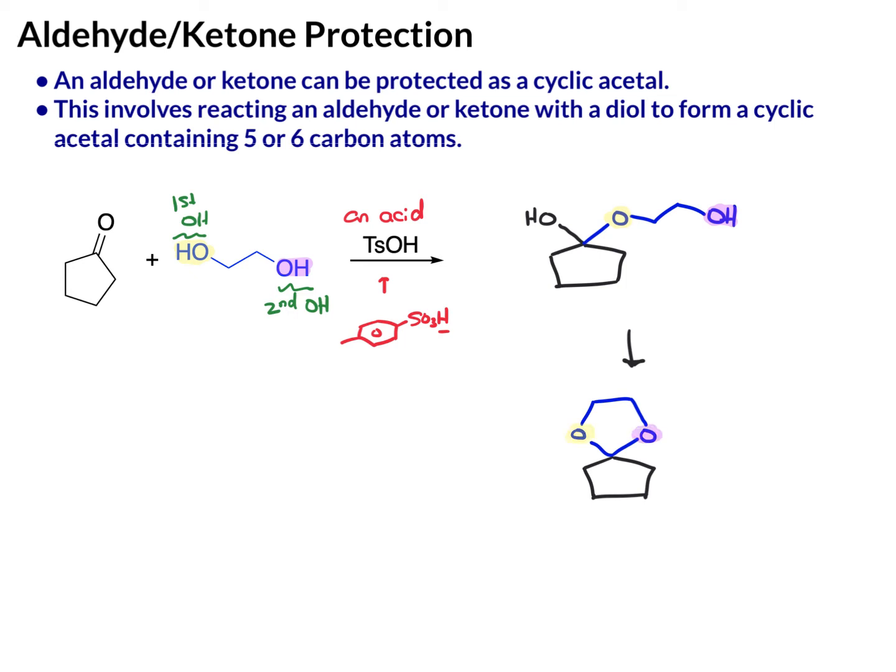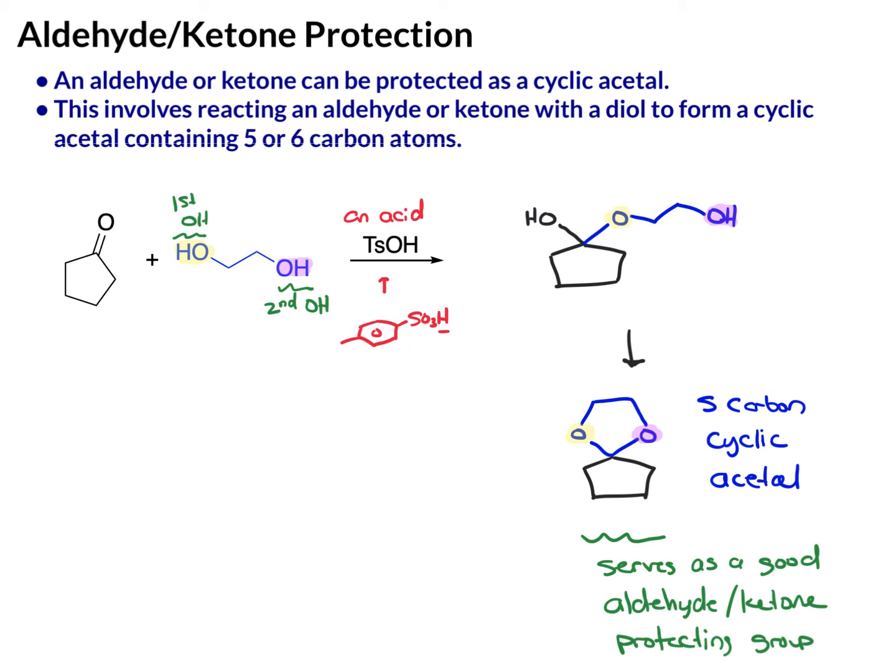Here's our two oxygens. This acetal, along with the 6-carbon cyclic acetal, where you would just have one more CH2 in between the two alcohols, serves as a really good ketone or aldehyde protecting group.